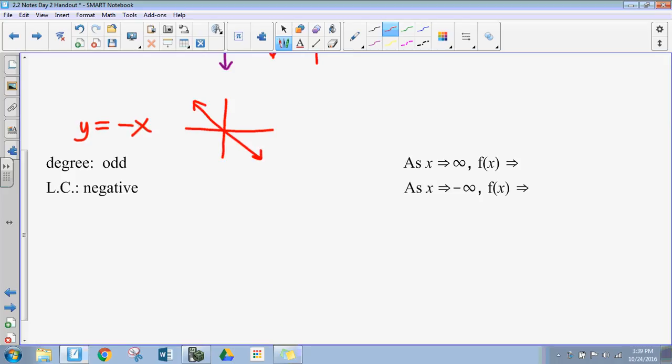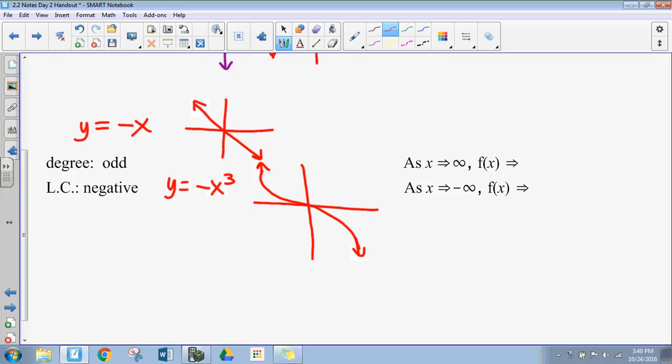Okay. When I have y equals negative x to the third, that's going to have the same end behavior. It's going to be going up there and down there. And then something else is going to happen in the middle. Okay, so we're just focusing on the end behavior right now, and we'll talk more about how to graph the polynomial towards the end.